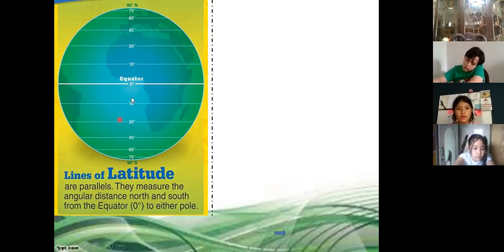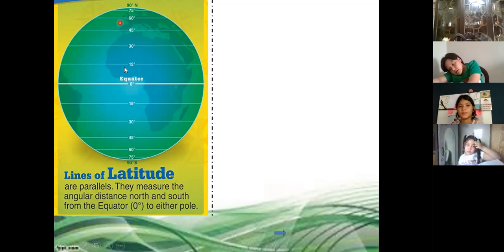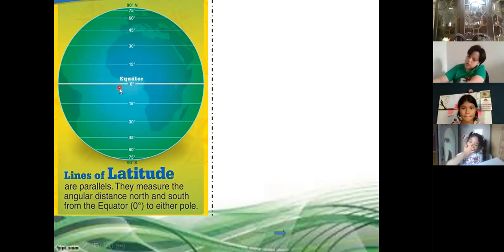The equator is where it's 0 degrees. It's in the middle, in the half, between the North Pole and the South Pole. Those are the lines of latitude.